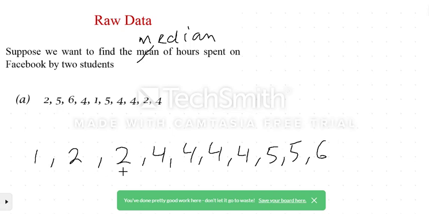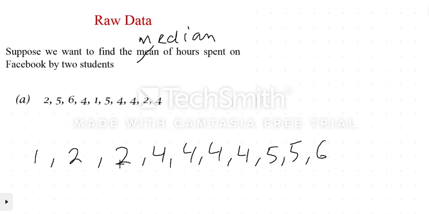Now we have to find the middle number. These are not big numbers, so it is easy to find the middle number. How many numbers are there? Let us count them: 1, 2, 3, 4, 5, 6, 7, 8, 9, 10. These are 10 numbers. But suppose we have 50 or 60 numbers, then finding the middle number is very time consuming.